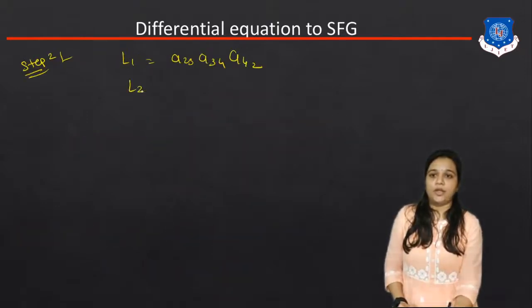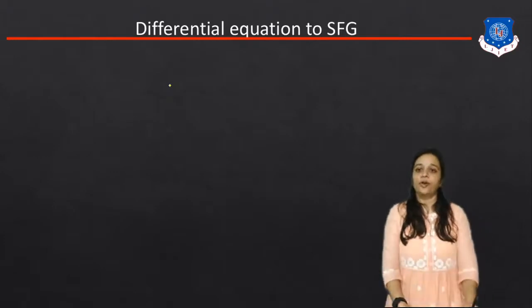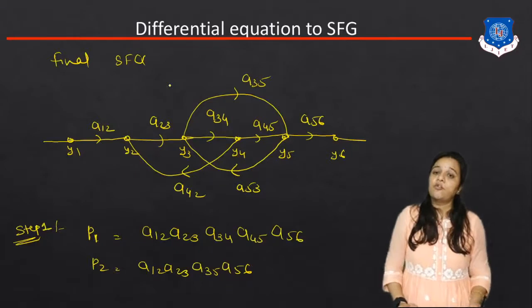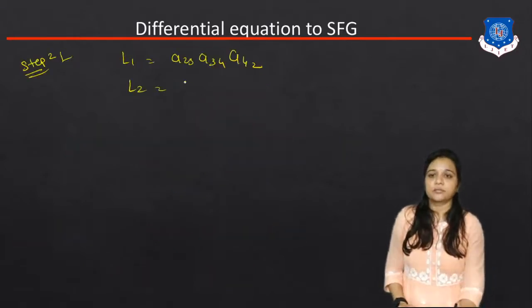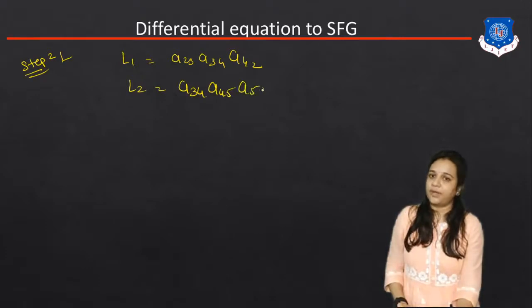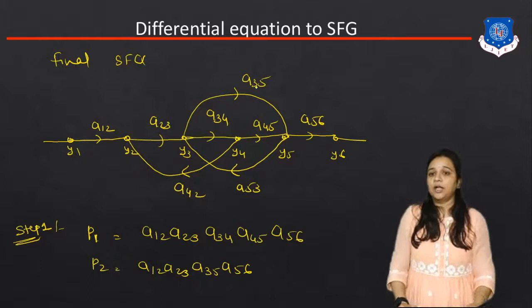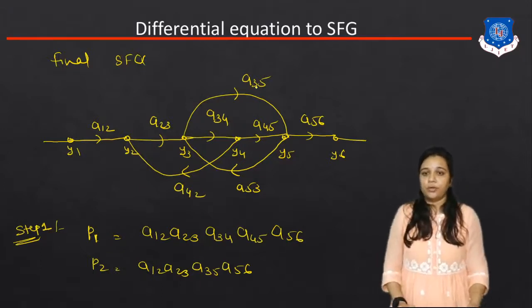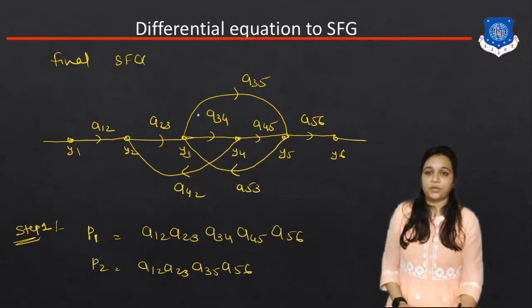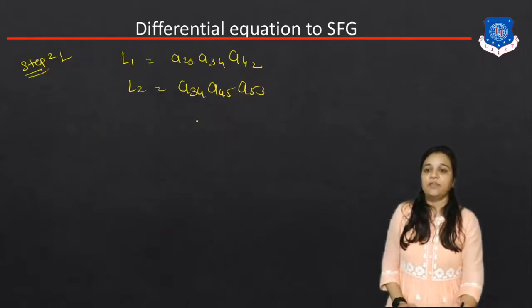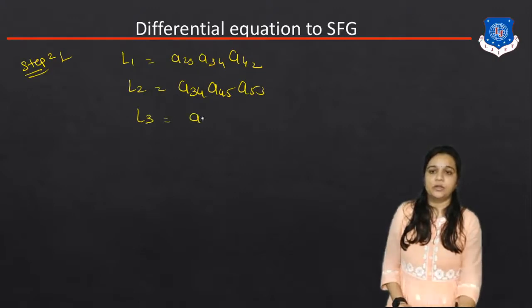The second loop is A34, A45 and A53. Clear? Okay, and is there a third loop or not? So this is the forward path, and this is my feedback path. So A35 and A53, this is my third loop.